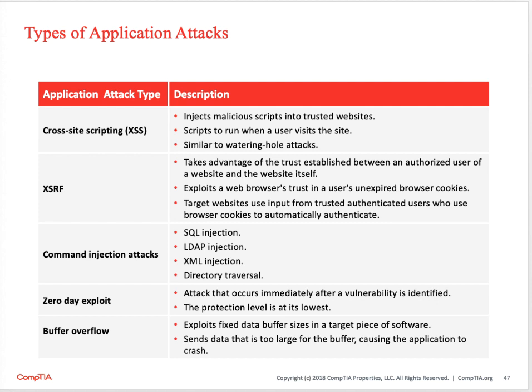Then we have XSRF, sometimes you may see it as CSRF. That is a cross-site request forgery attack. This is a website application attack that takes advantage of the trust between an authorized user and the website itself. This type of attack exploits the web browser's trust in unexpired browser cookies, meaning our session that we started, right?